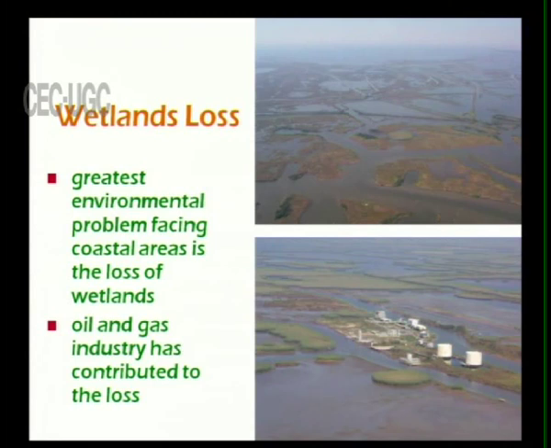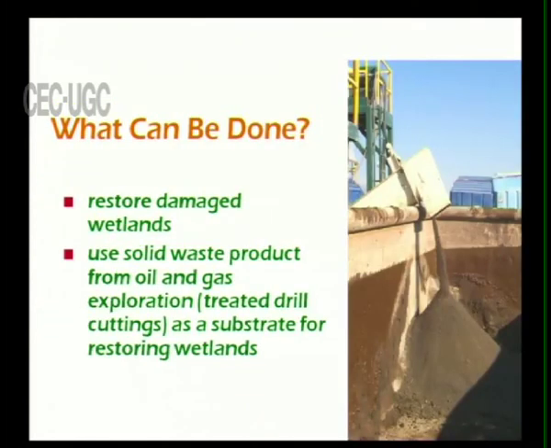Mostly the oil and gas industry operates near the marine ecosystem, near the marine area where a lot of wetland exists, and the wetland is lost due to oil excavation. Therefore, we have to restore the damaged wetlands.